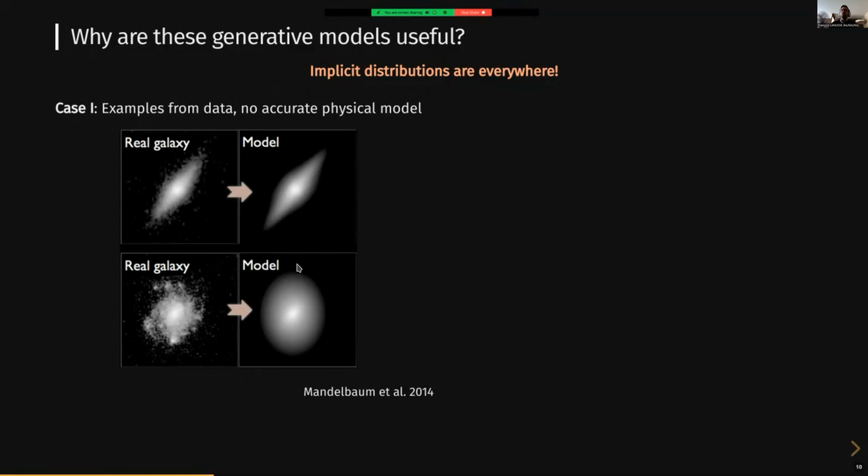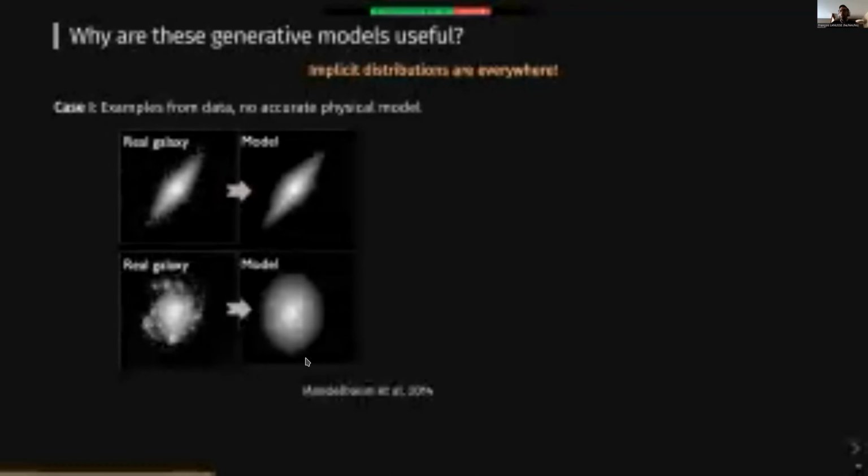Back in the days when we wanted to model something like the shape or the image of a galaxy, we would have to assume some very simple models, which are too simple for us to simply assume that a galaxy looks like this.